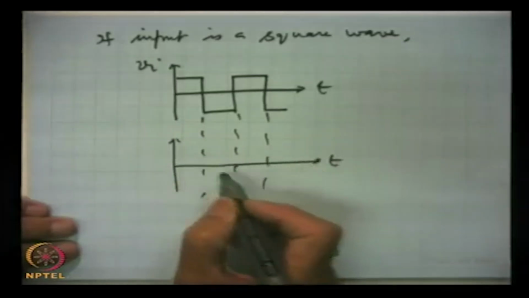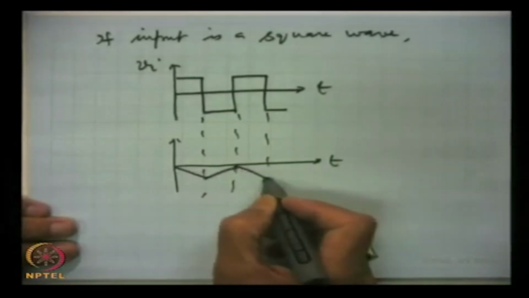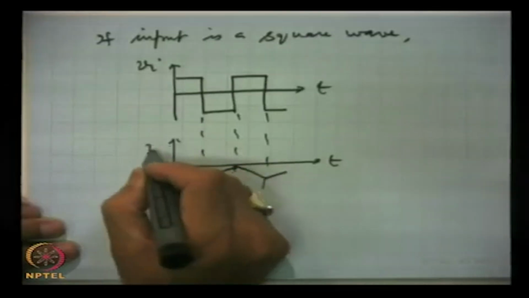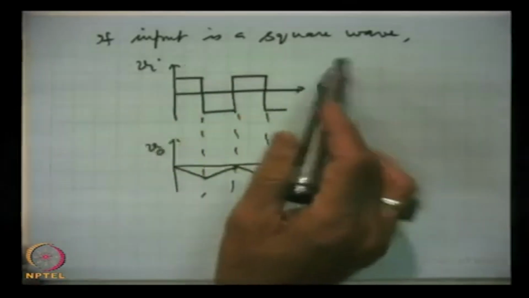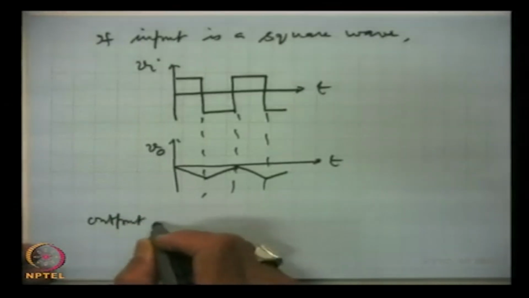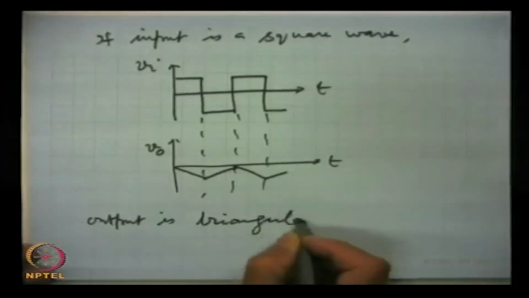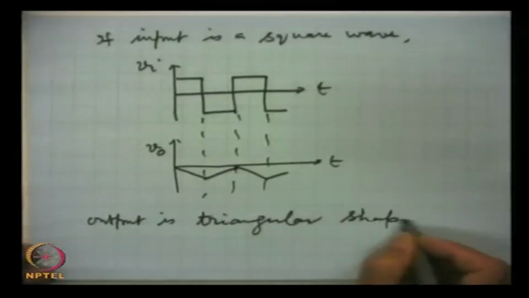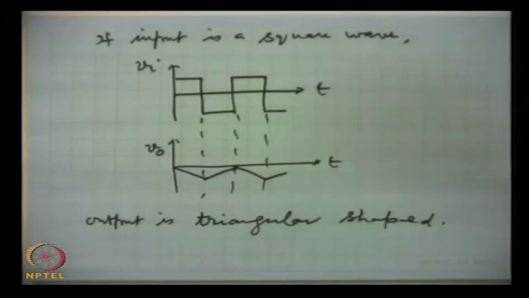This is the output, a triangular wave. So, if the input is a square wave, output is triangular.